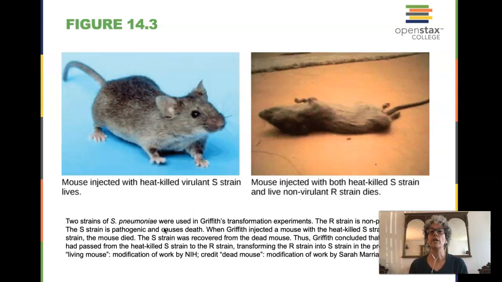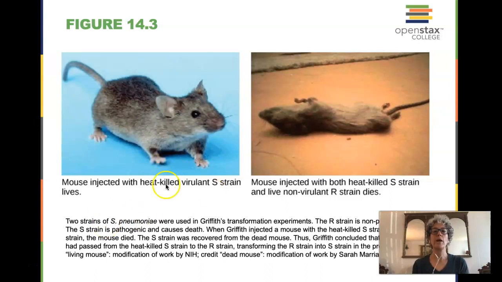There's another variant of this exact same organism, Streptococcus pneumoniae, but when it is grown on agar, it has a very rough appearance. It's matte, it's dull. And when those rough bacteria are injected into an animal, they do not cause disease.